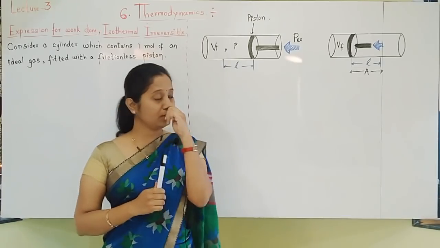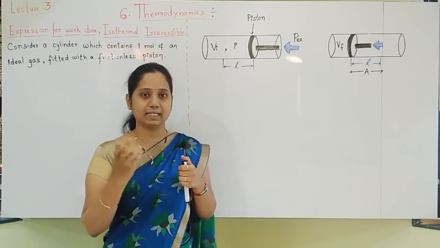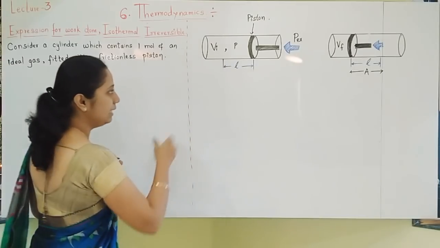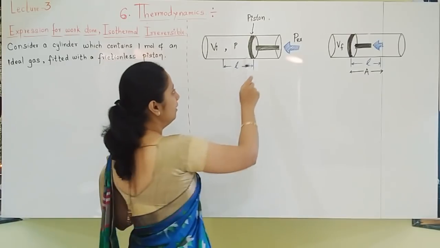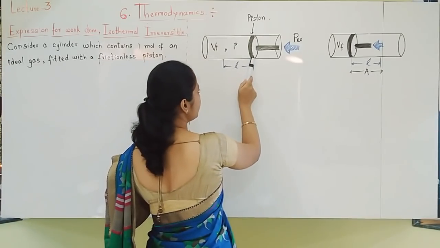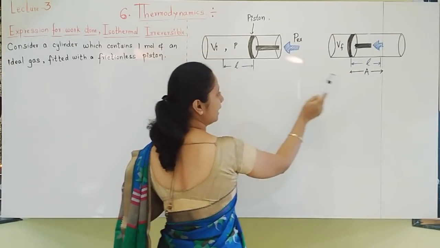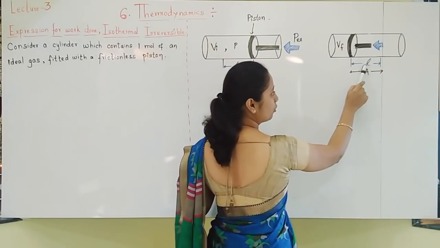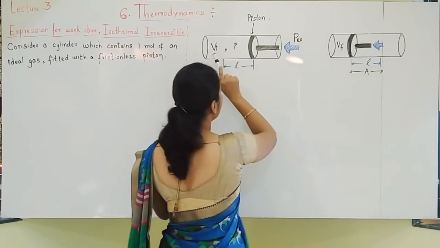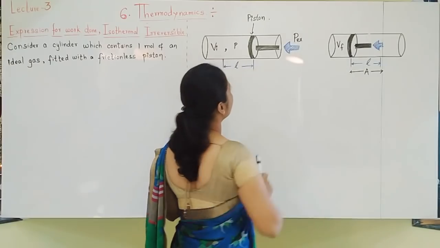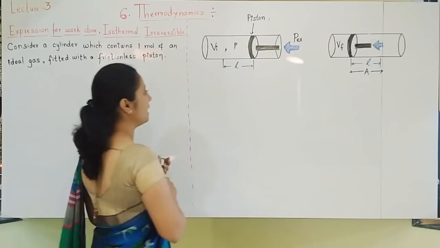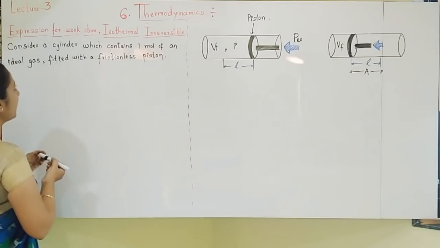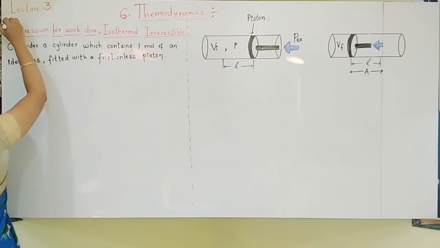How is the expression written for work done? Let us see. The piston moved through a cross section area A through a length of L. Initial volume Vi, final volume Vf. Inside pressure is P, outside pressure is P external. Let us derive it. Put a star for this.